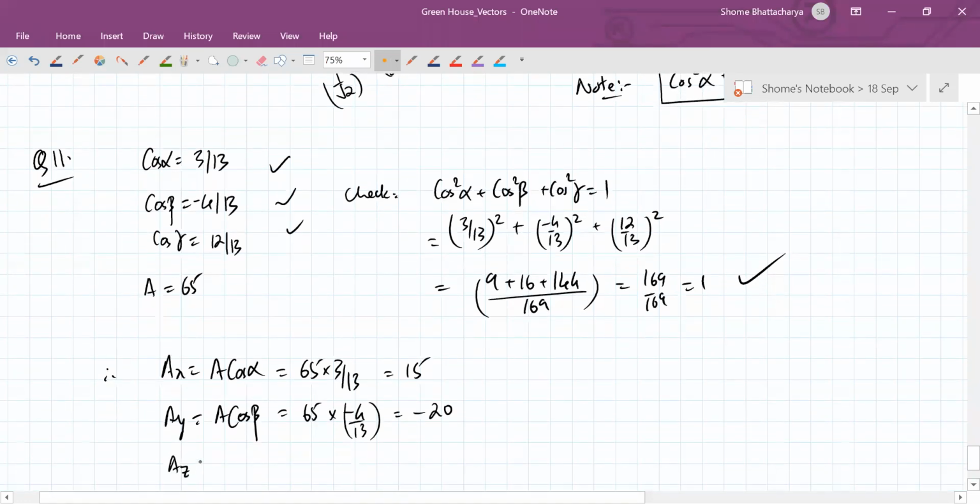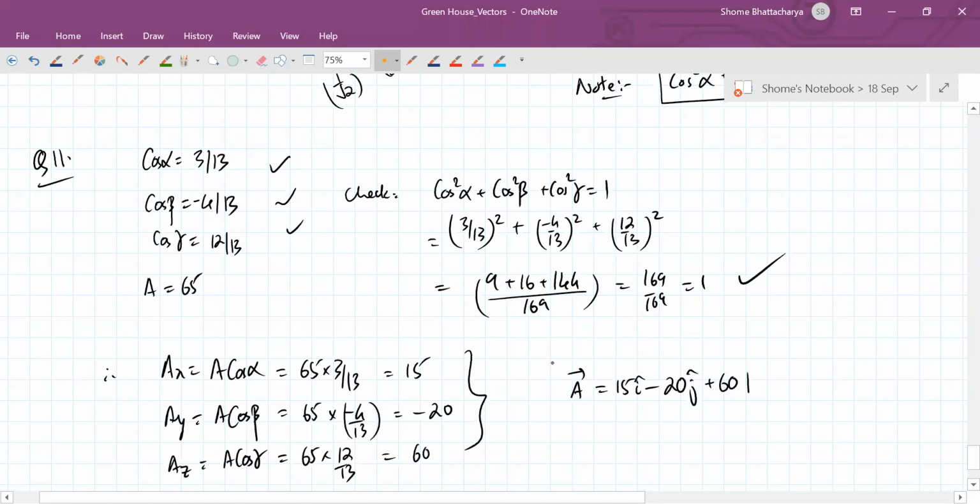And Az is 60. So the vector A from this will become 15 i cap minus 20 j cap plus 60 k cap. This is the vector.